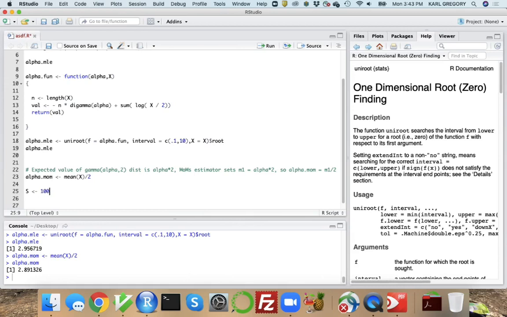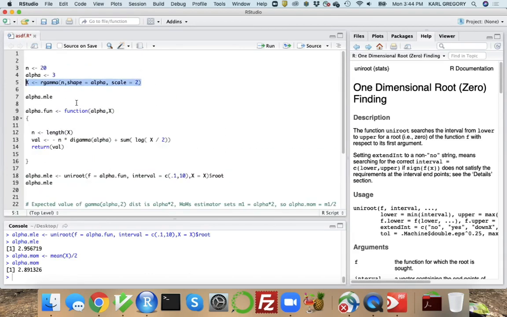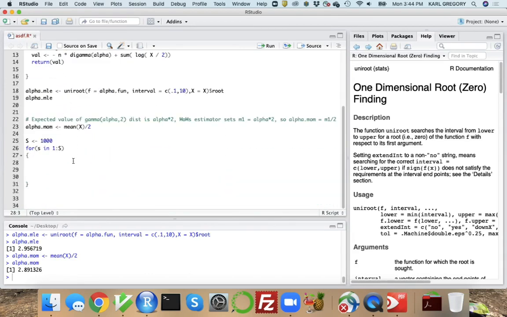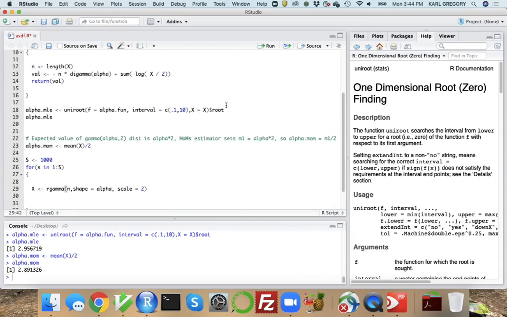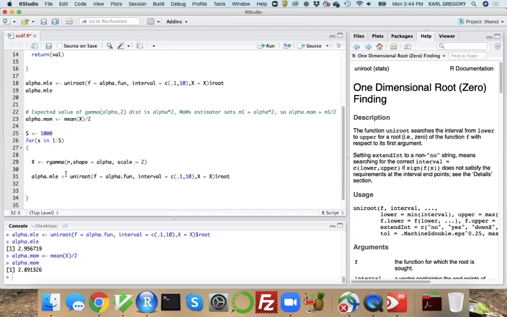So let's compute 1,000 simulated data sets in a for loop. I'm going to get a random sample x, and then get the MLE on that data set.